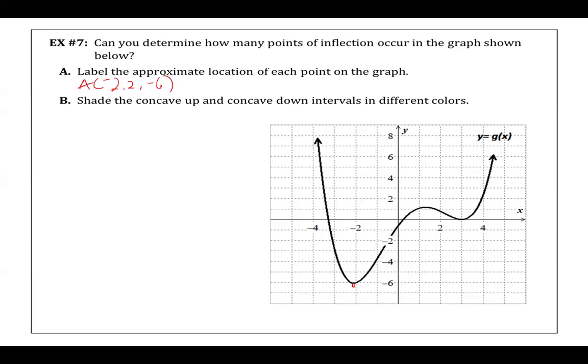Yeah, we agree? All right, let's go to the next one. This guy we're going to call B, and we'll let B be at (1.3, 1.1). Yeah, we're going to do that. And then C, I'm just going to leave C at (3, 0).